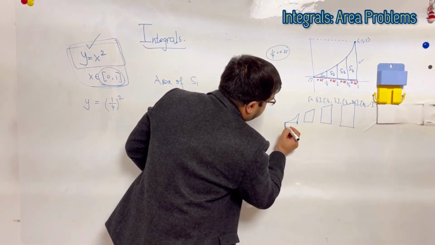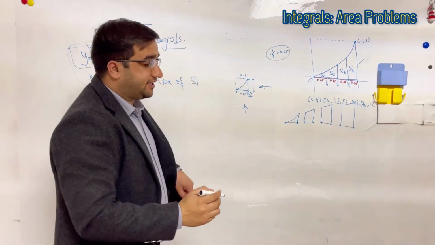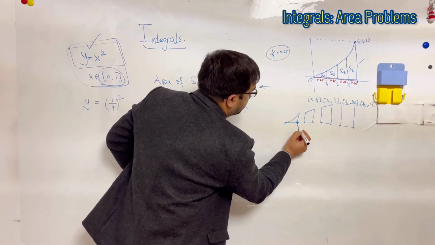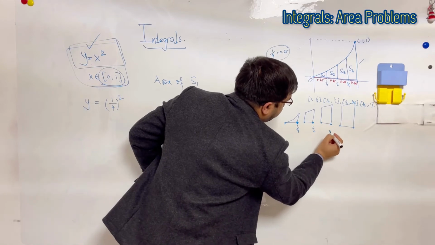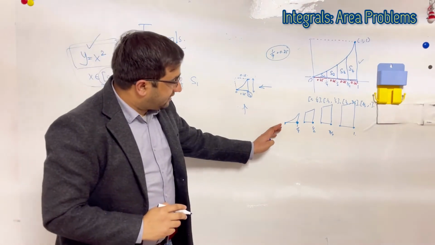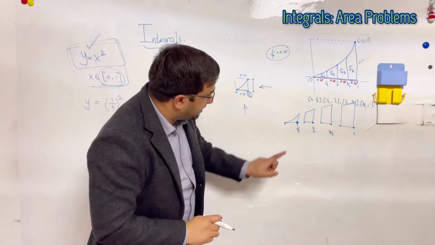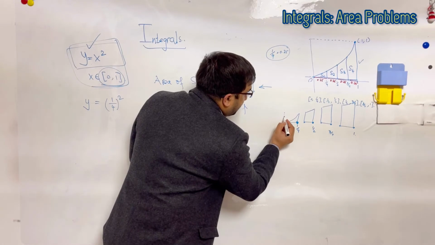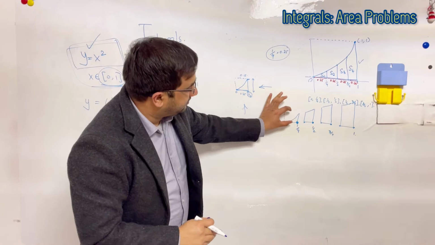These two are the end points of each rectangle, and I am interested to look at them from these points, the right side. So what is this? This is 1/4, this is 1/2, this is 3/4, and this is 1. Okay? I don't care what is this. I am standing there and I am looking at this side, so I will assume that whatever this height is, the opposite height will be the same, which I don't know whether it exists or not, but I will assume according to the rule of the rectangle.